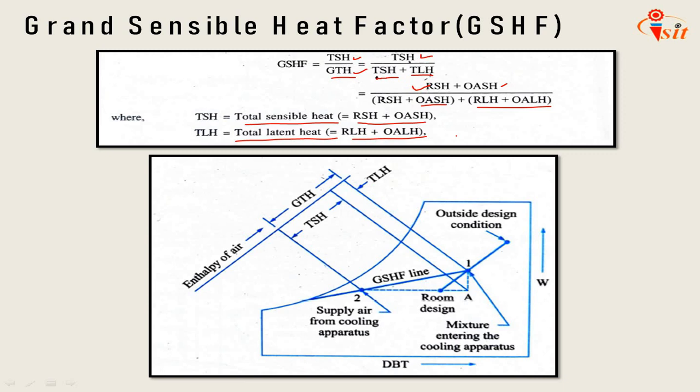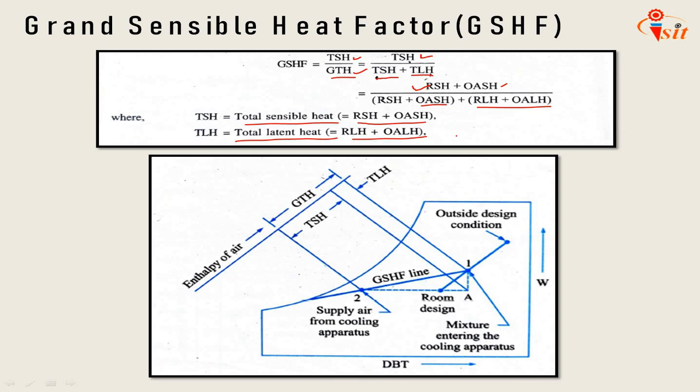Now, under actual conditions, some outside air for ventilation and some infiltrated air from the outside mixes with the room air, and this outside air also adds sensible and latent heat load to the room, which has its own internal sensible and latent load.